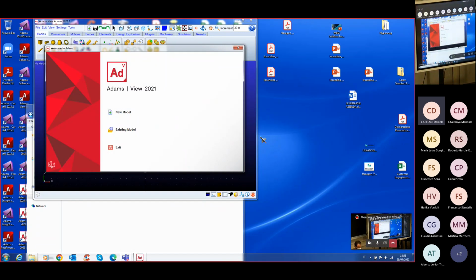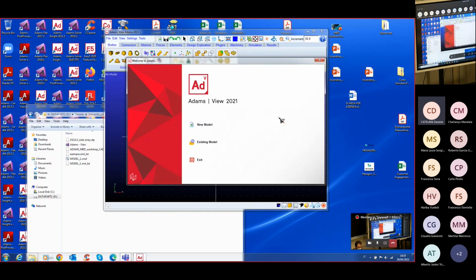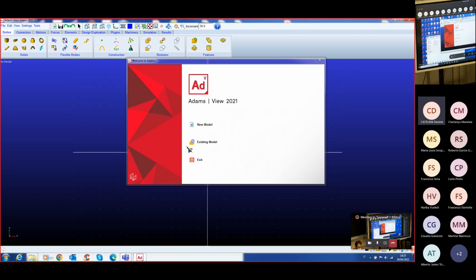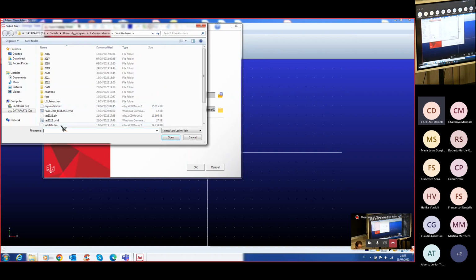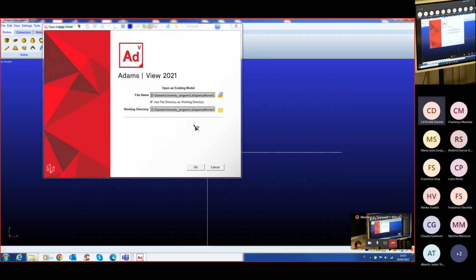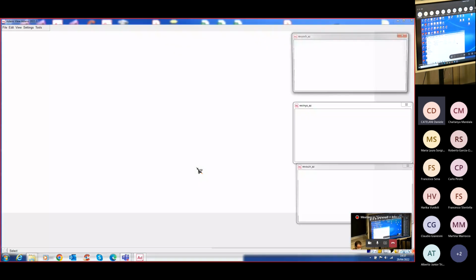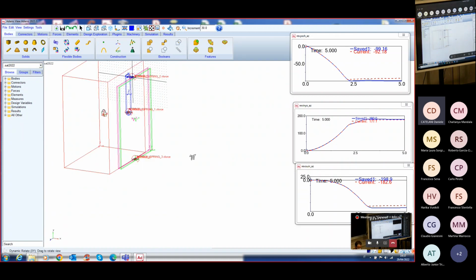What about our model? In our satellite, we need to start from the model we completed the last time. So we can open Adams View, go to existing model, and in our working directory, we search for the model we performed and saved last time. If you remember, we had a full satellite with rigid bodies.